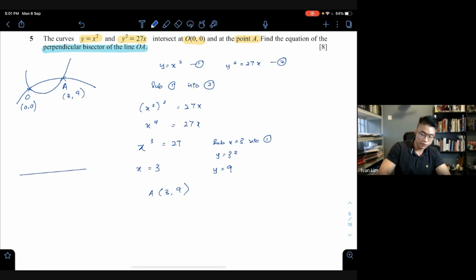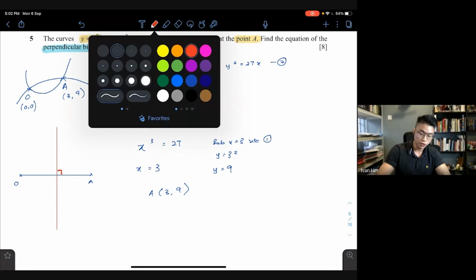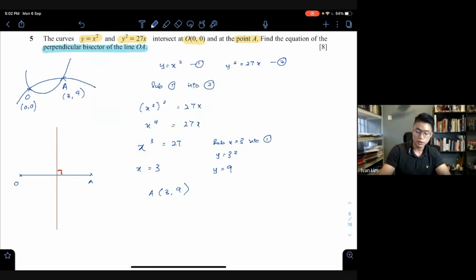So if I have a line called OA, we want to find the perpendicular bisector, which is this red color line. Perpendicular bisector is right in the middle, right? If you realize, the previous paper, the February March one, also came out perpendicular bisector. So you all need to know how to find this.